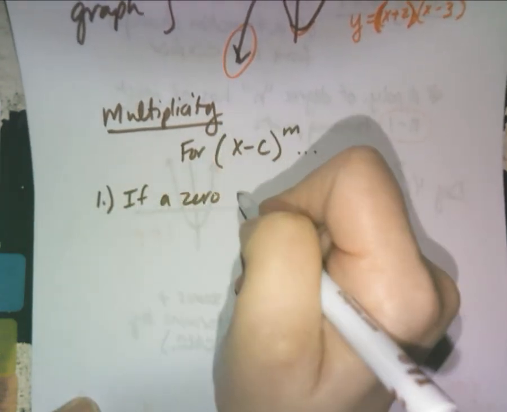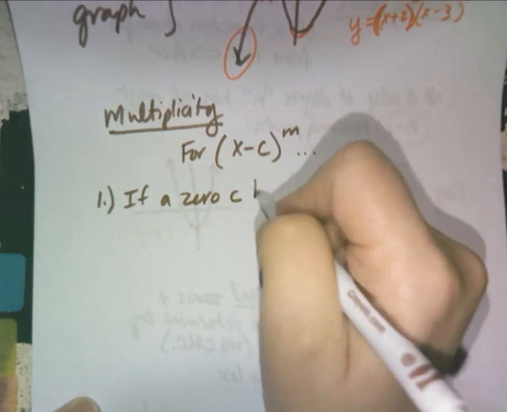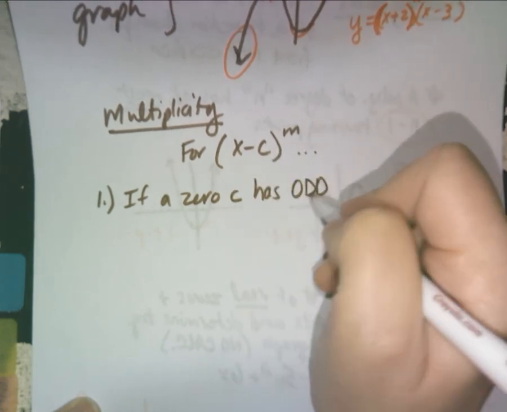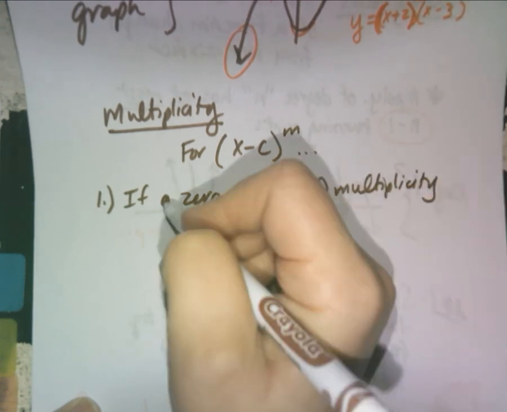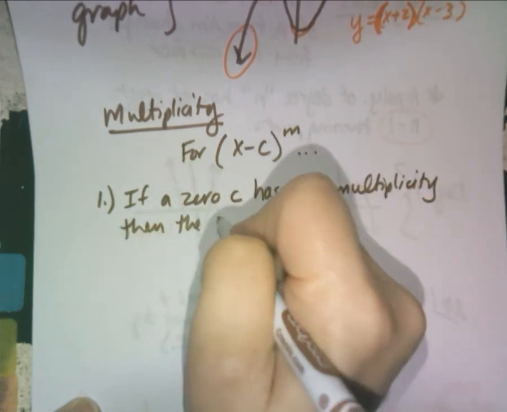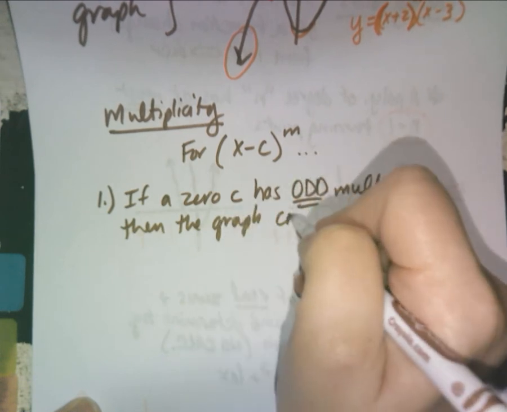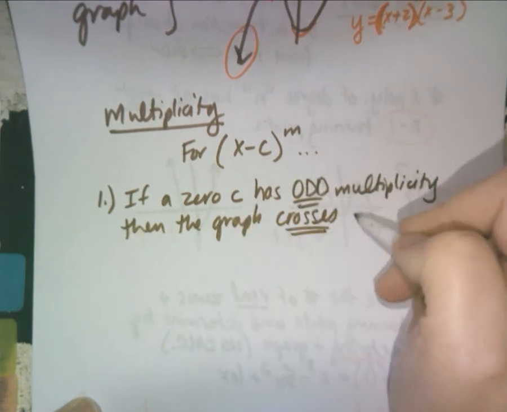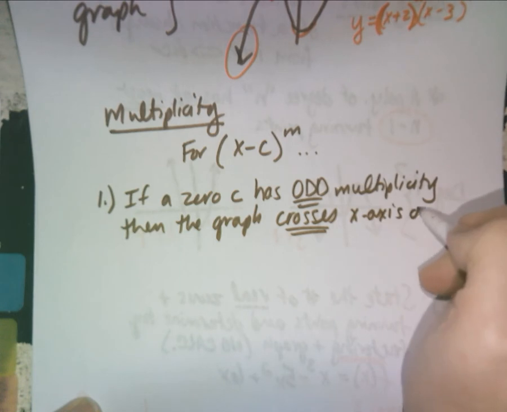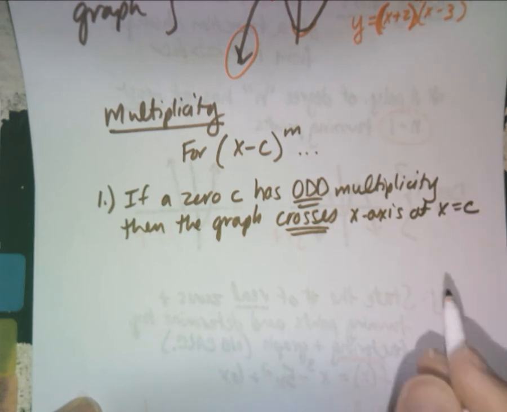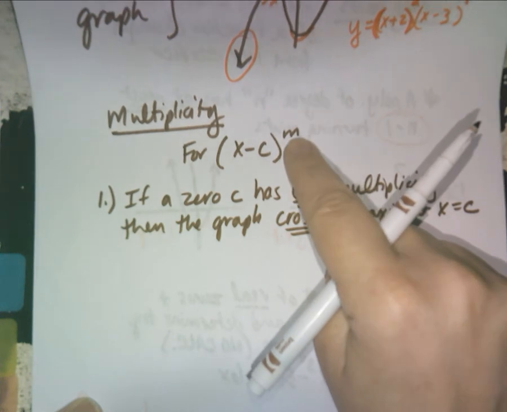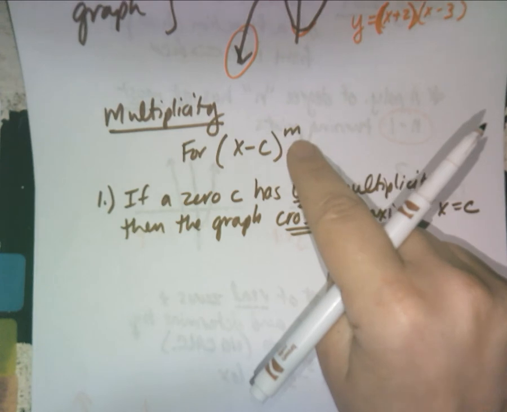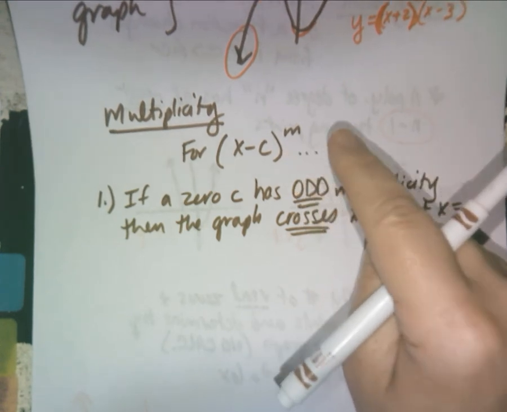If a 0, c, has odd multiplicity, then the graph crosses the x-axis at x equals c. So if that power is a 3 or a 1, usually you don't see ones, but just so you know, if it's a 1 or a 3 or a 5 or a 7, it's going to cross through the x-axis.